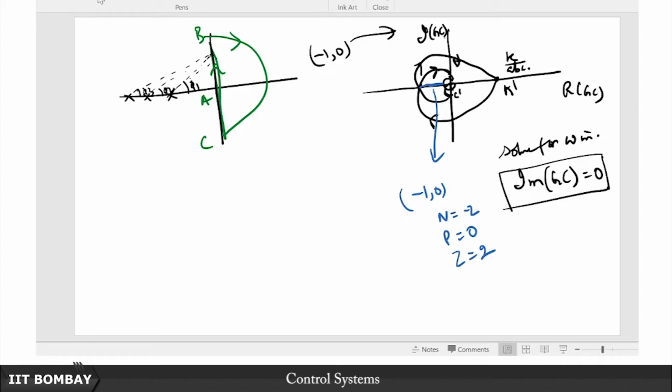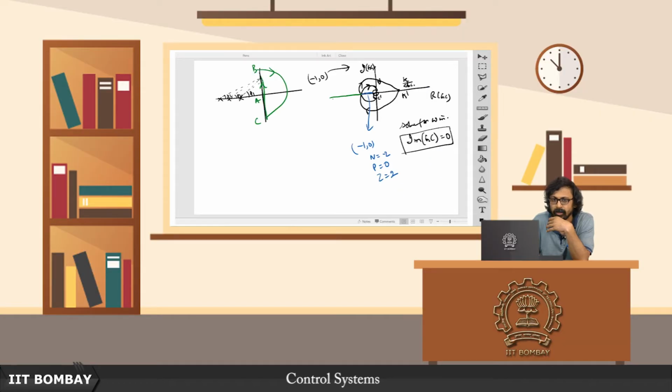On the other hand, if I have the minus 1 comma 0 point somewhere over here, to the left of this crossover point, which of course can be evaluated by solving for this, then I am safe, because then n is equal to 0, p is equal to 0, which gives me that z is also equal to 0. So there are no closed loop poles in the right half plane and I am safe, the system is closed loop stable. That is all I wanted to start with.